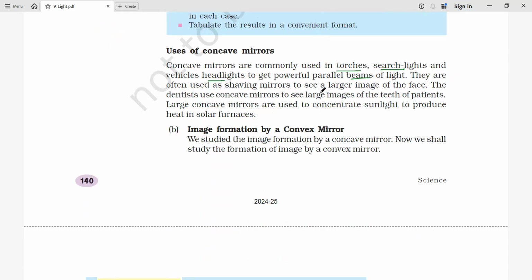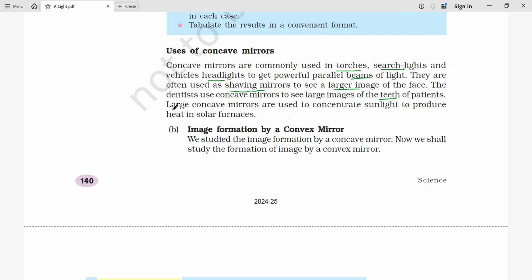The bulb is placed at the focus, so we get a strong parallel beam. It is also used in shaving mirrors to see a larger image of the face, and dentists use it to see the teeth of patients. So these are the applications.